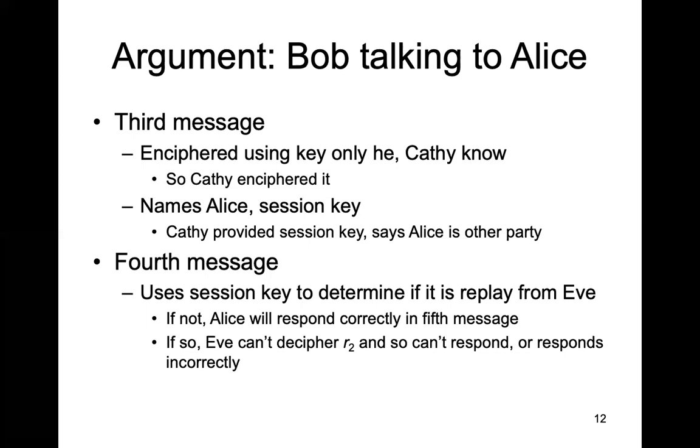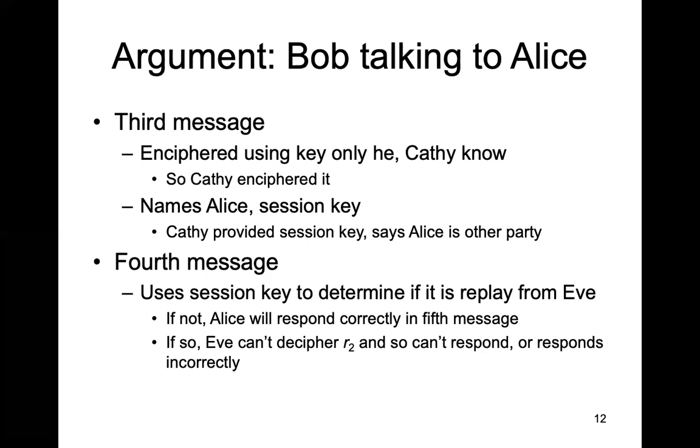The fourth and fifth messages are used to prevent replay attacks and session key reuse. Bob is going to create a random number and send it over to somebody who is claiming to be Alice.